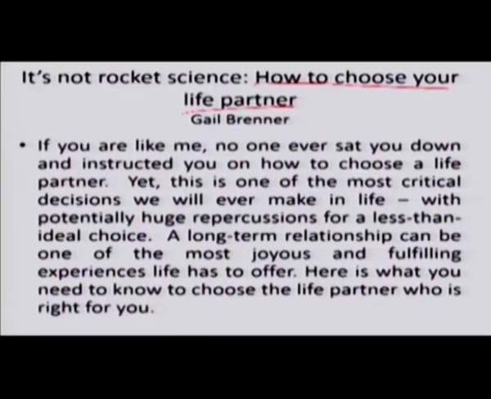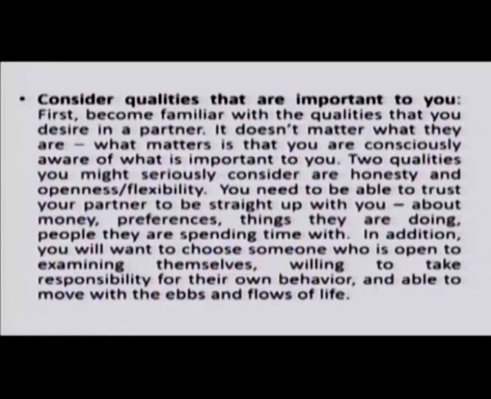So, what are the things the writer is talking about? The first one you can see here is consider qualities that are important to you. Why does this come first? Probably because the writer thinks this is the most important. And within here, according to the writer, which qualities should one seriously consider? They are honesty, openness and flexibility.